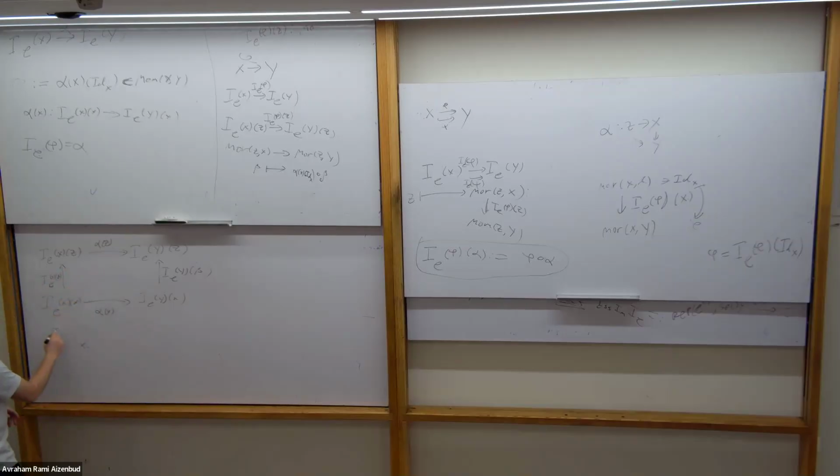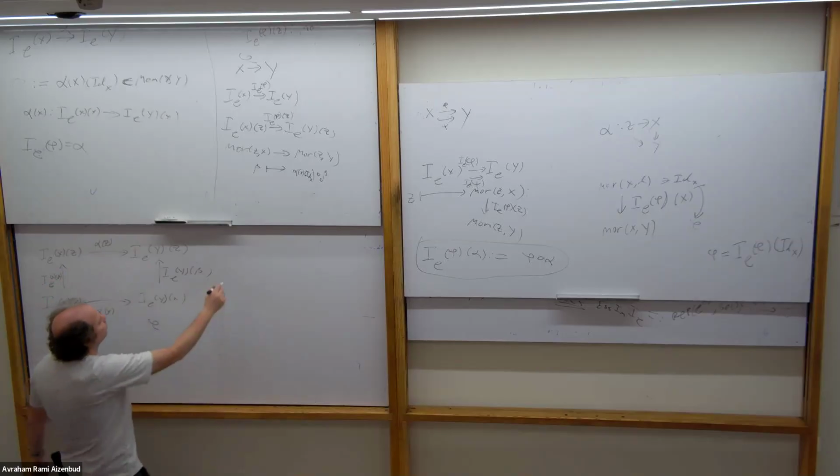Now let's take identity here and ask where it goes. Identity here will go to phi. And then ask where it goes here. So it goes to phi composed with beta.